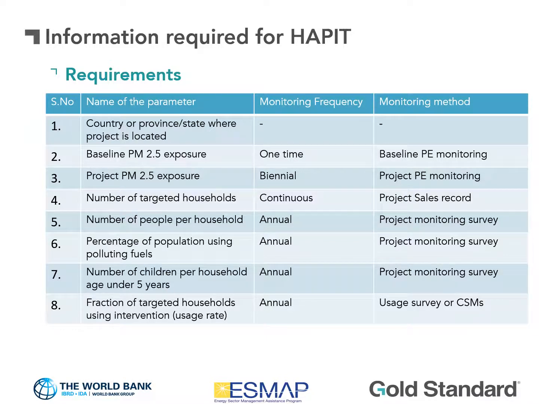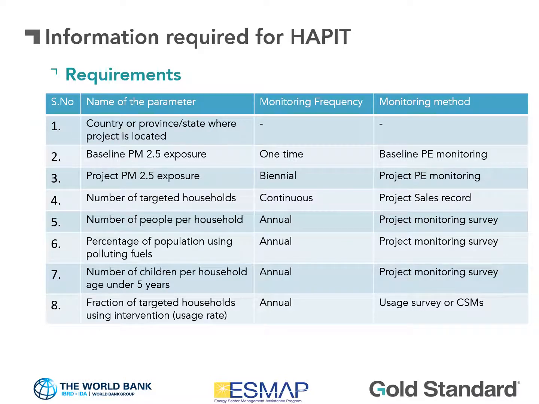In previous modules, we discussed the monitoring requirements of the ADALYs methodology. Various monitoring helps collect the information required for HAPIT for the ADALYs estimation. As a reminder, this table has a summary of the key input parameters for HAPIT with the relevant monitoring study on the table on screen.